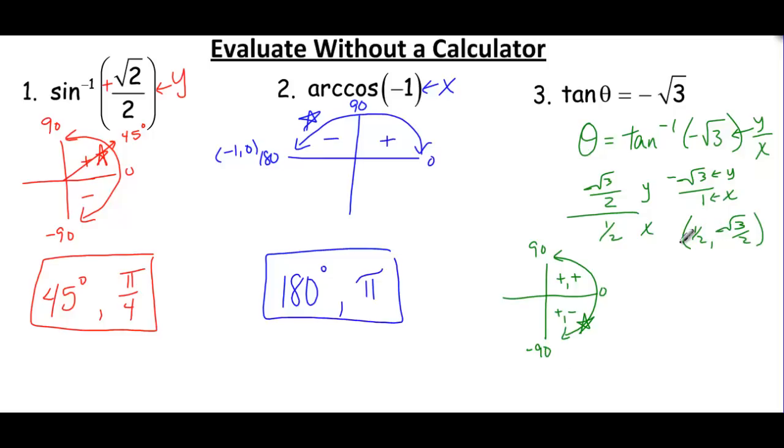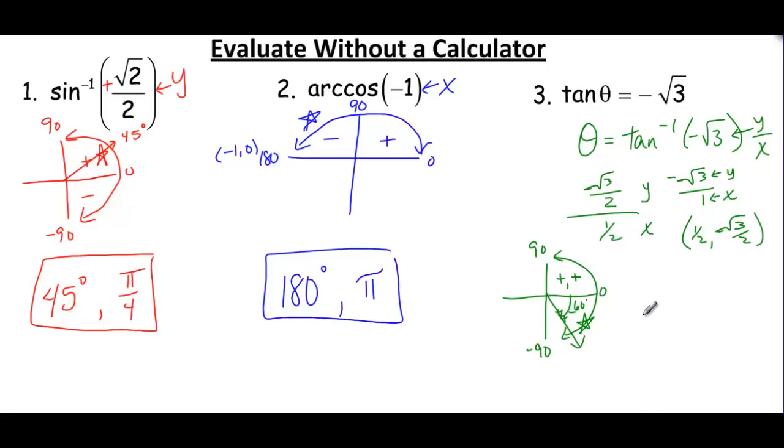So what family is a 1/2 and a negative root 3 over 2? Well, that's my 60-degree reference family. So I know that this is going to be 60 degrees because this is my 60-degree family, the 1/2 and the root 3 over 2, and it's a negative root 3 over 2 because it's in my negative quadrant 1 family. So my answers have to go from positive 90 to negative 90.